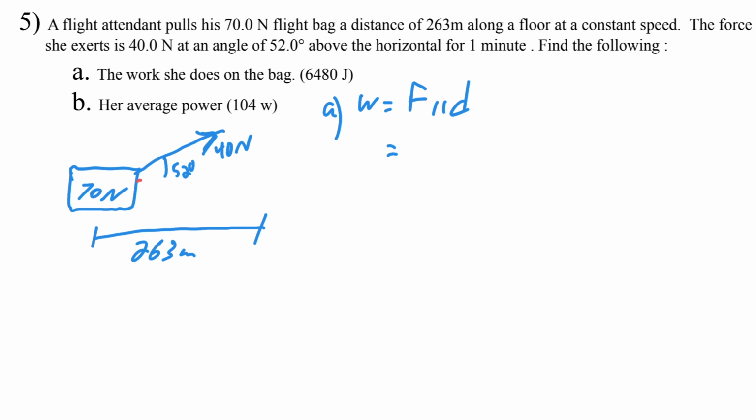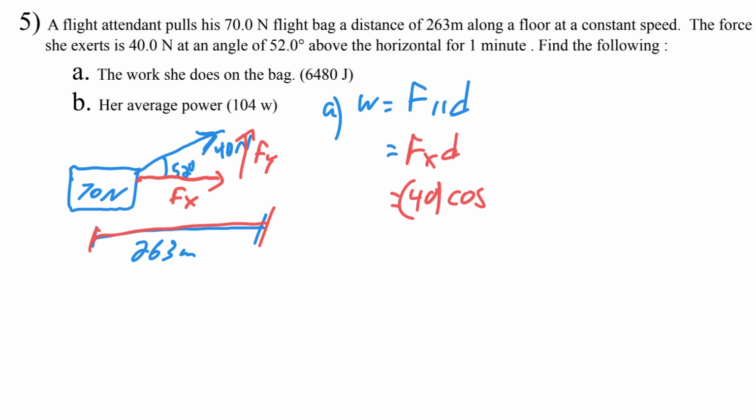So in other words, part of our force is horizontal and part of that force is vertical. Now the one we care about is that horizontal force, because that's the one that's parallel to the distance we're traveling here. So according to our triangle, that would be 40 newtons times the cosine of the angle.